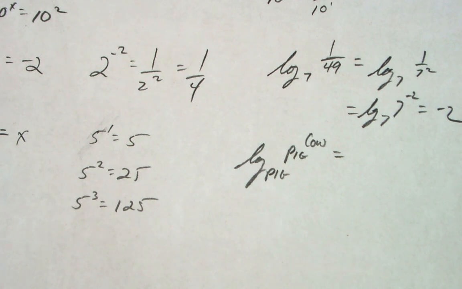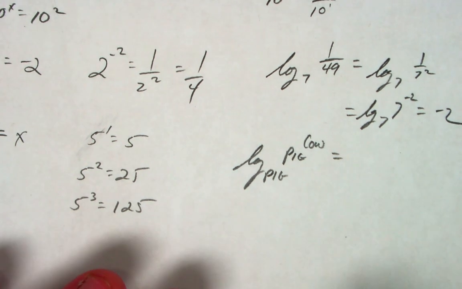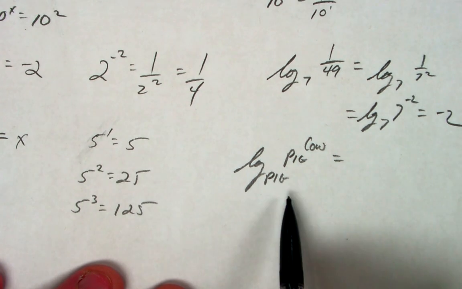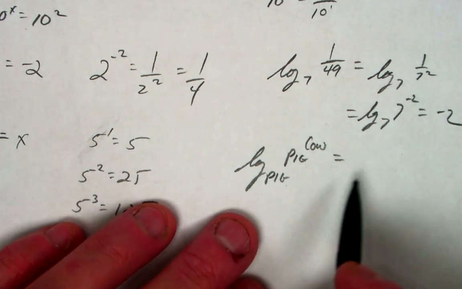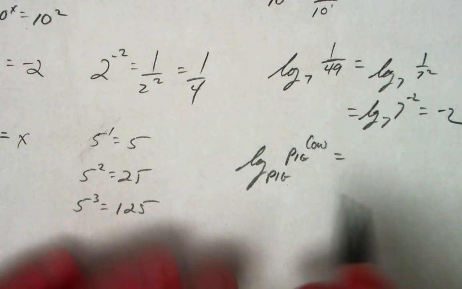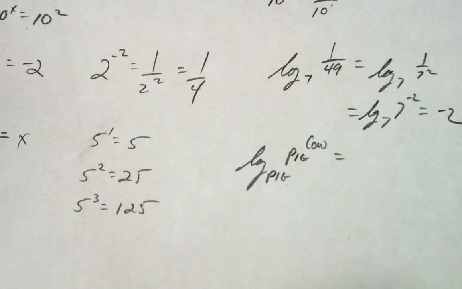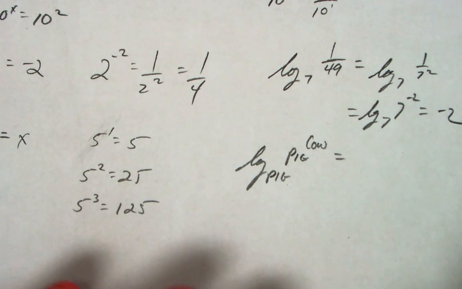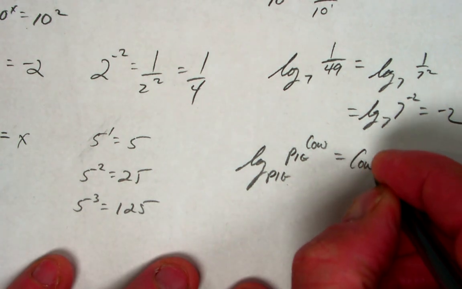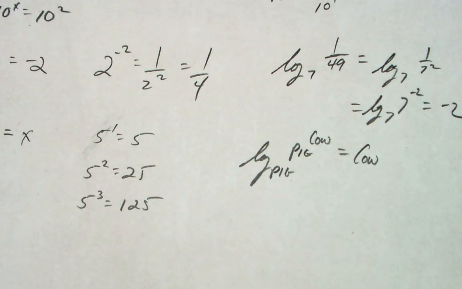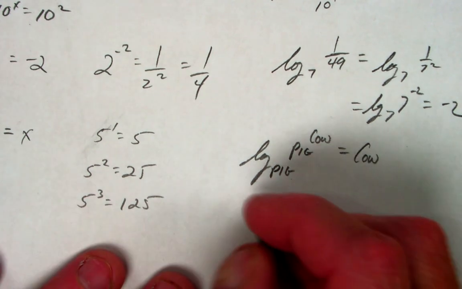So it's kind of like asking, pig to what power gives me a pig to the cow? It's kind of like asking, what do I have to put on to be wearing a hat? A hat. So that's kind of what this one is saying. Cow hats. Okay.